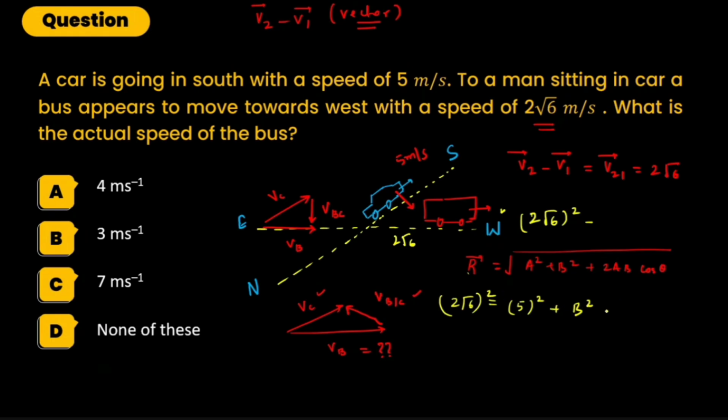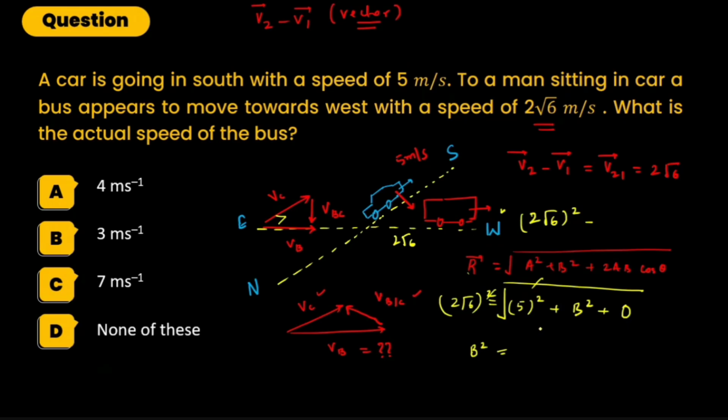So the angle is going to be 90 degrees between the directions of velocity of the car and the bus. So we can simply write 0 whole under root. So B square is going to be 2, this root will cancel out this.